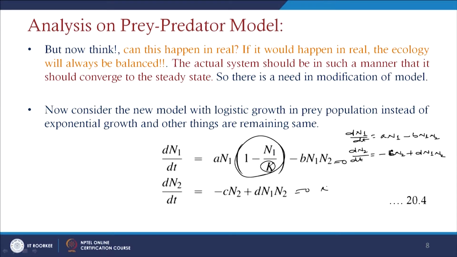Then the first steady state point is n1 equals 0, the second is n2 equals 0 here, and the next one we find as minus c plus d n1 equals 0, so n1 equals c by d. Similarly, if I take the first term n1 equals 0, then the remaining term is a into (1 minus n1 by k) minus b n2, which equals 0.